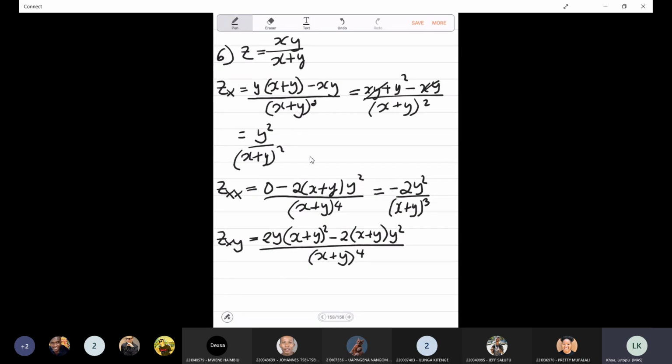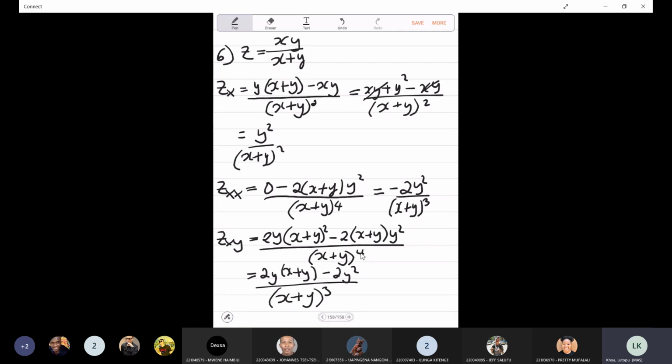Before I multiply out my brackets, I can see I have x plus y here, x plus y, and then x plus y there. This one will cancel and be left with 1. This one will cancel too, and in the denominator I would have to the power of 3. So this is 2y times x plus y minus 2y squared over x plus y to the power of 3.